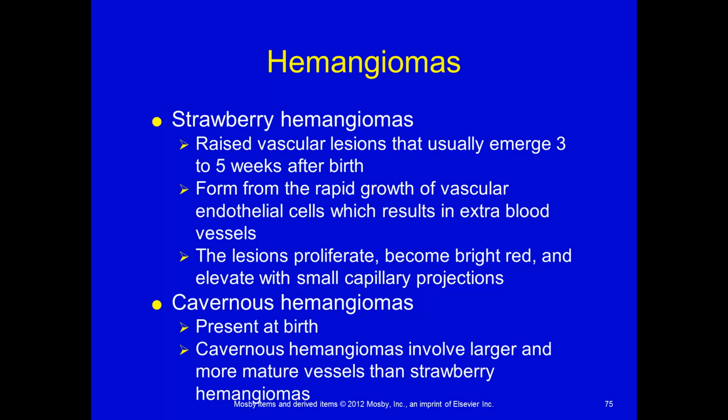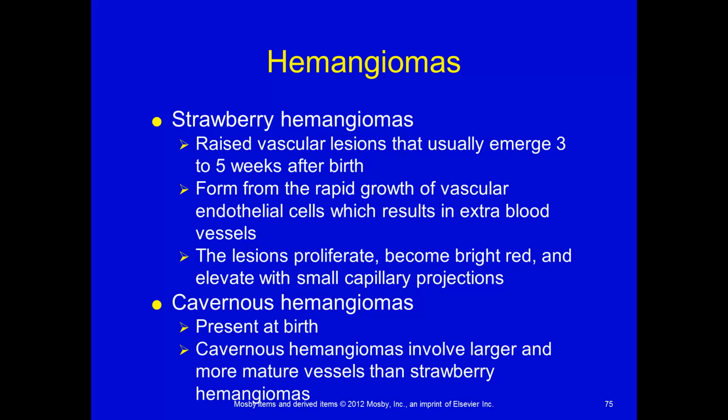So you actually have more blood vessels, more capillaries in one particular spot that's very concentrated and superficial. So what happens is the lesions proliferate, and they become bright red and elevate because of these small capillary projections. So that's actually this raised, really bright red, beefy red type of lesion.